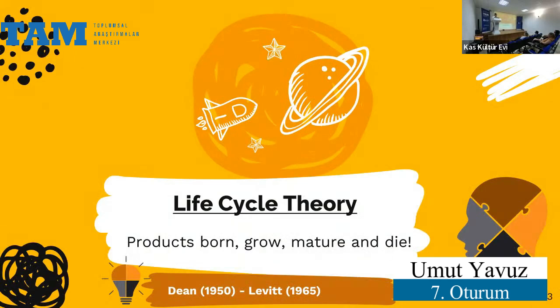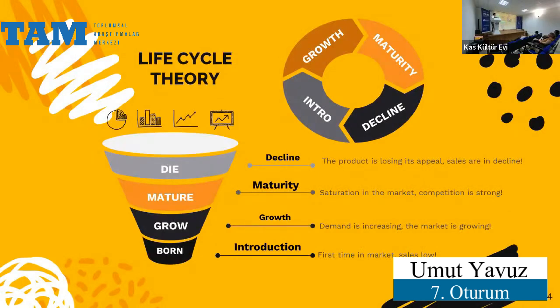Shortly, this theory means that products are born, grow, mature, and die, like a human being. You can see in that graphic that a product is born, then it grows, then it matures, and finally it dies. It starts with the introduction of the product to the market, and then it grows.